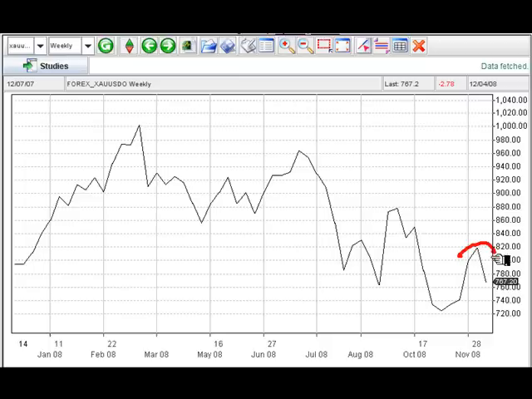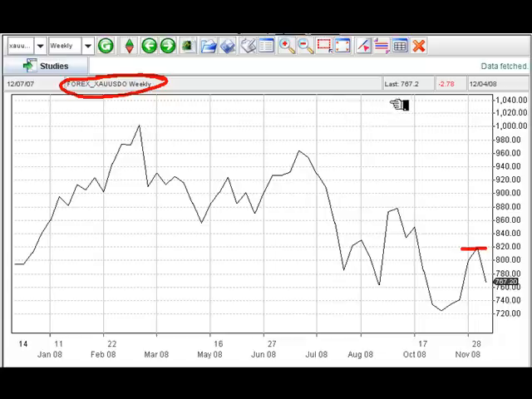That would be our guess, but potentially it has to close over the 820 level to really get there, at least for this time frame. Then obviously the 880 level. If we take out the 820 level, then I think we've got something pretty positive on the upside that's going to take us to the 880 level and beyond.